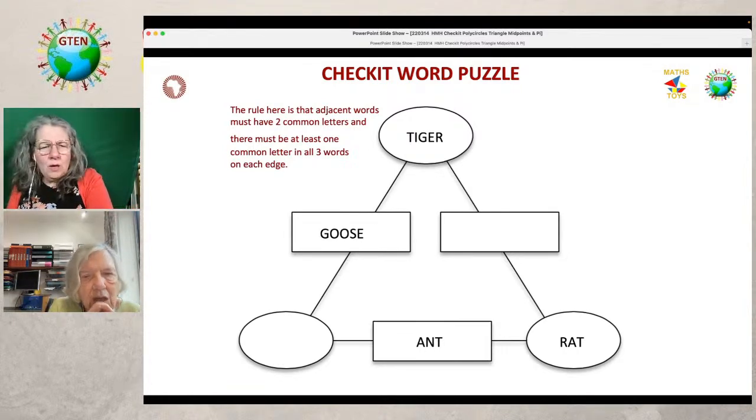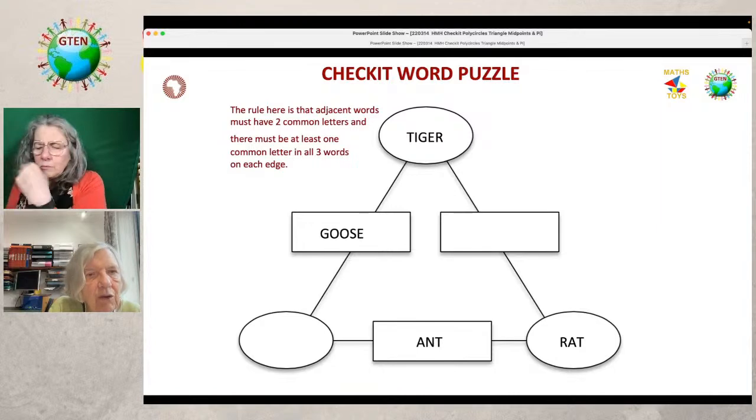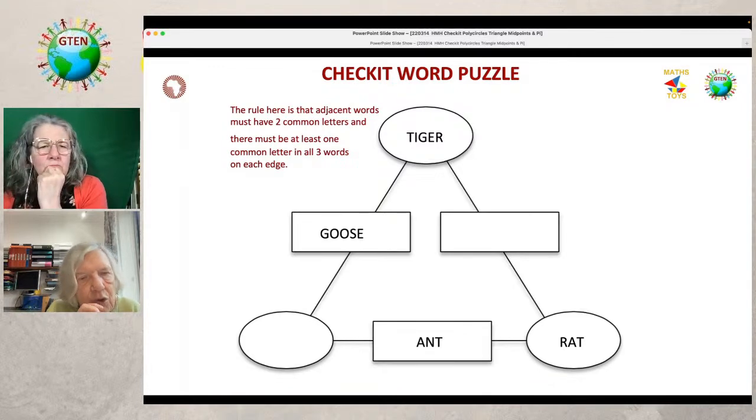It's got to have A or N or T. Yes. And then for example, you could have gnat, G-N-A-T, in that bottom one, because it would have a G in common with goose. Oh, wait a minute. It's got to have two. No, gnat wouldn't do, because it has to have two in common with goose.